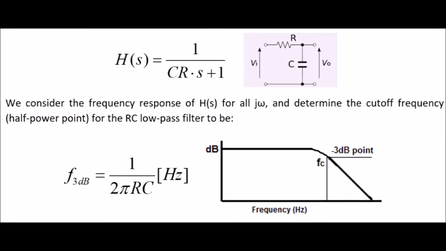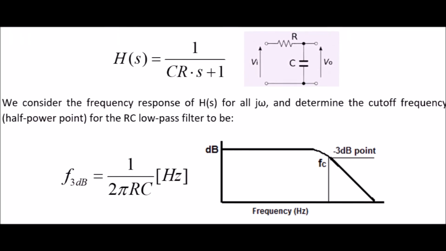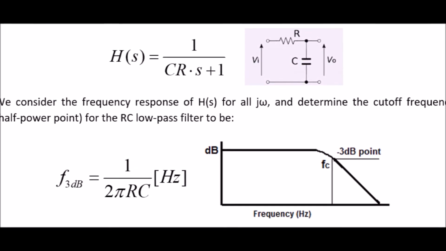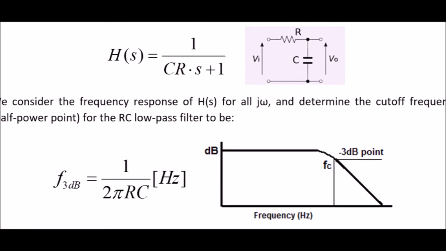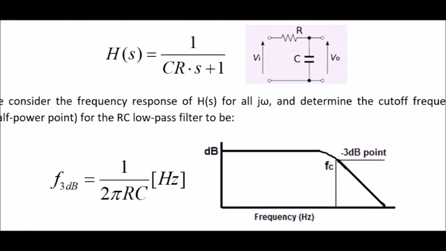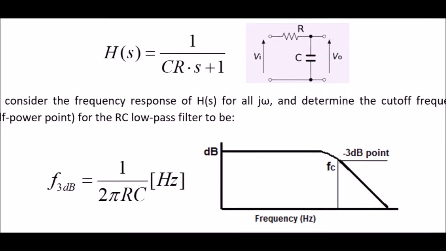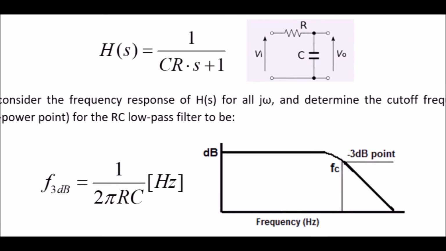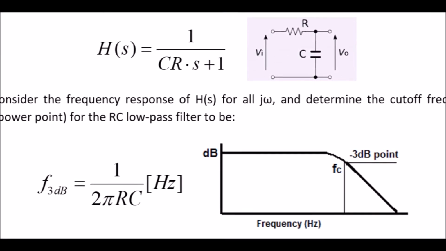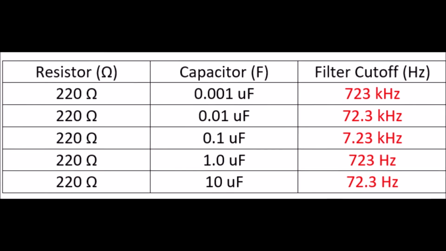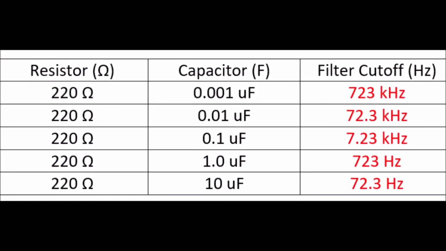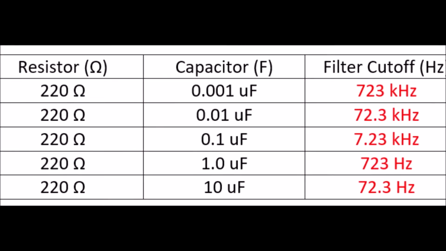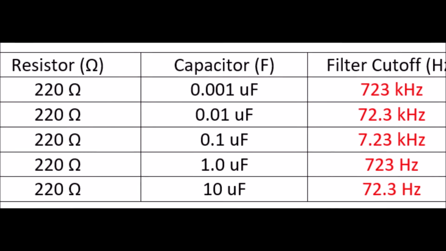We could build a simple first order filter to low pass this signal using just a resistor and a capacitor. That filter would have a transfer function with a cutoff frequency, otherwise known as a -3 dB point, which would be defined by the value of the resistor and the capacitor, specifically 1 divided by 2 times pi times R times C. If we hold the value of the resistor constant, say at 220 ohms, we can swap out different capacitor values, which would in effect shift the cutoff frequency of our first order low pass filter.